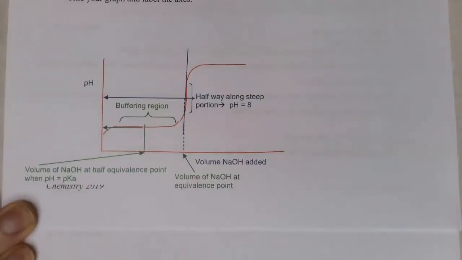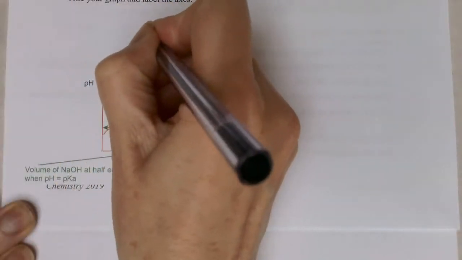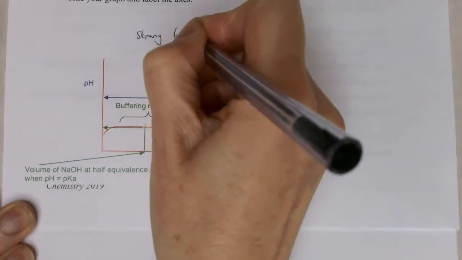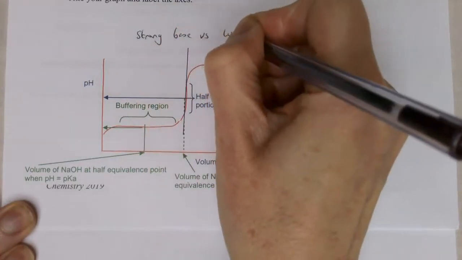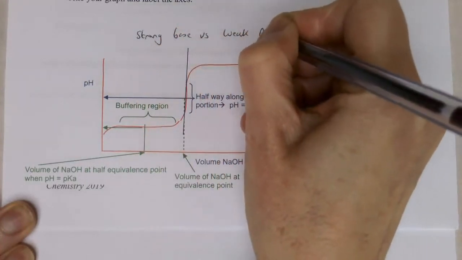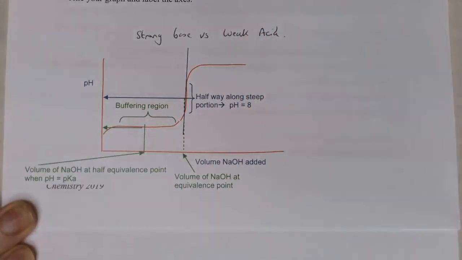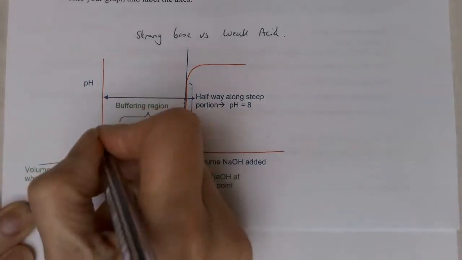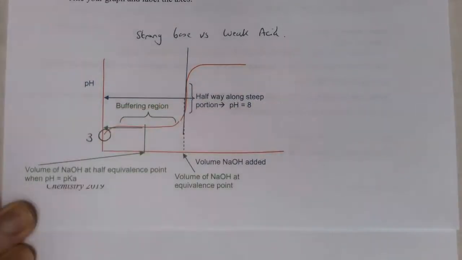We can see the same sort of thing, but this time for a strong base versus a weak acid. We get a similar looking curve, but it does have some significant differences. For a start, it starts around pH 3.